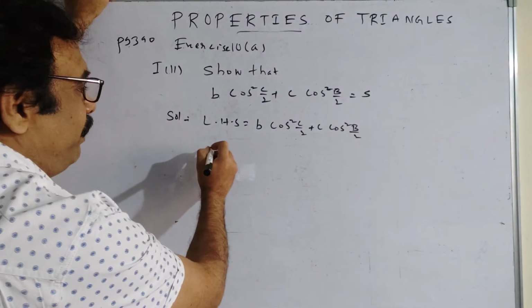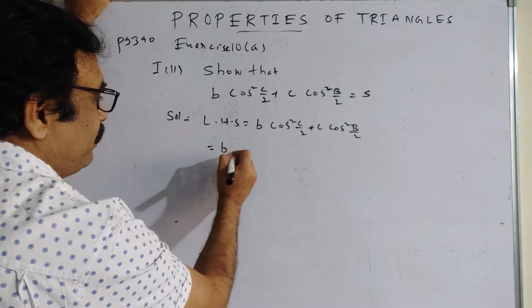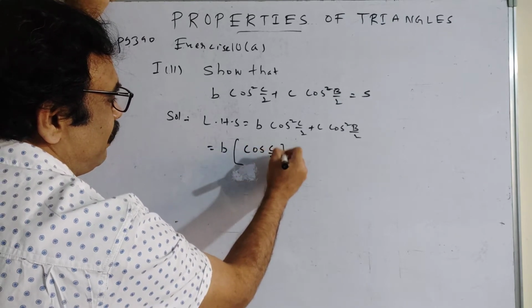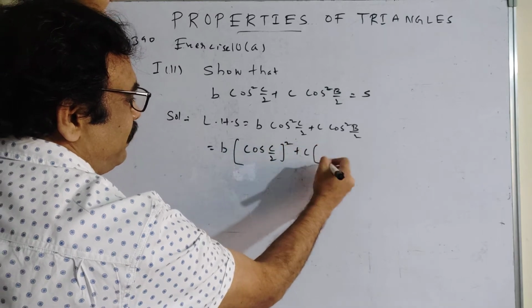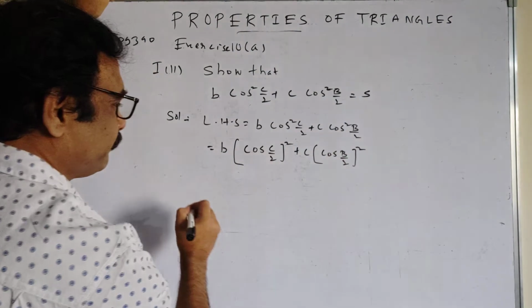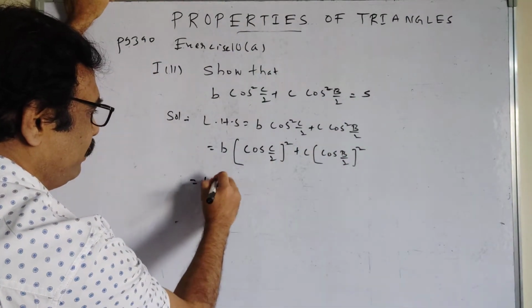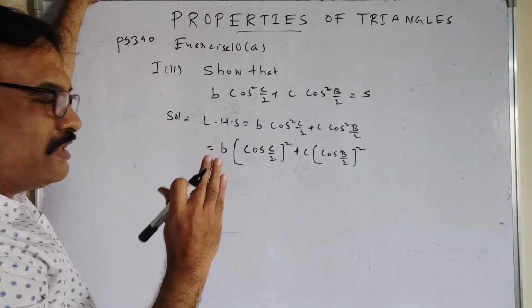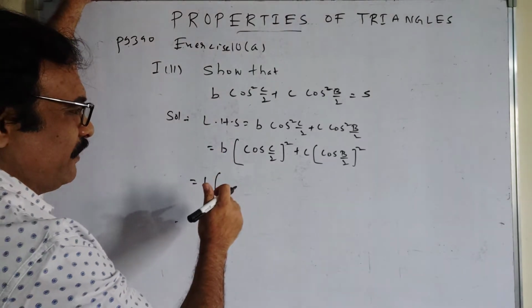Now b into cos c by 2 whole square, and c into cos b by 2 whole square. What is cos c by 2 whole square?